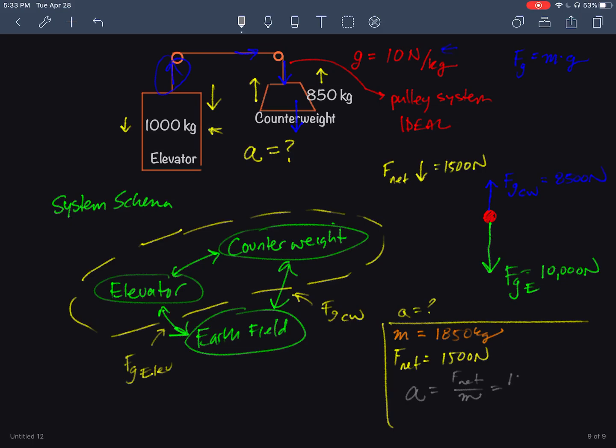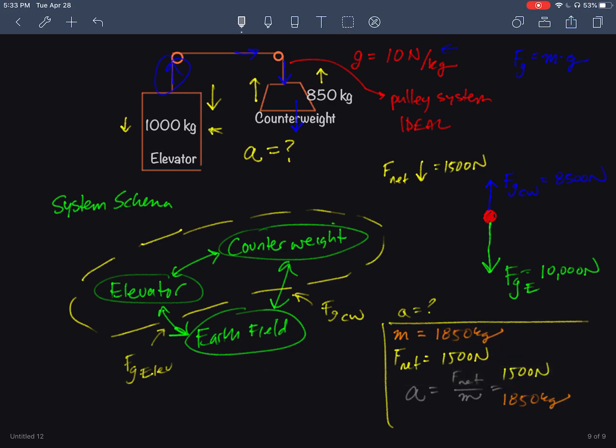That's going to be the 1,500 newtons. We're going to paste it right over there, and then divide it by the 1,850 kilograms. Wow.